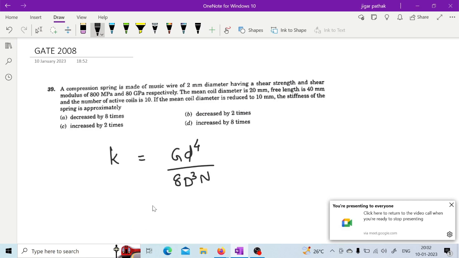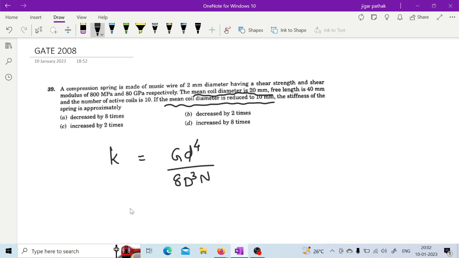So what you need to check here is, what they are asking is if the mean coil diameter is reduced to 10 mm. Previously the mean coil diameter was 20 mm, right? So what will happen to stiffness? If you consider K1 and K2, then how is it varying with respect to the coil diameter? It is proportional to the inverse cube of the mean coil diameter, correct?